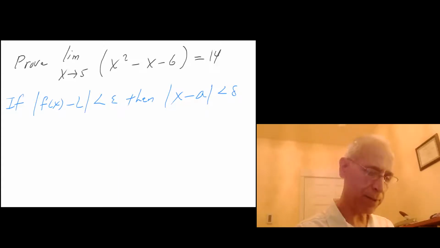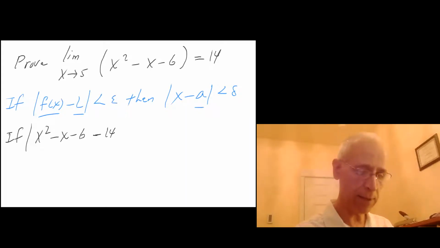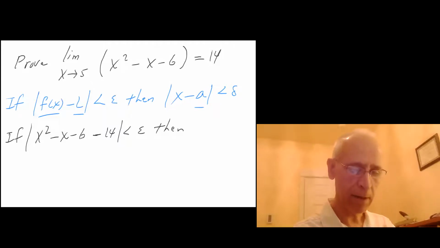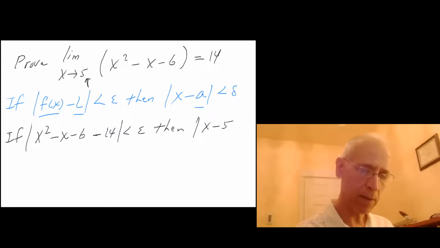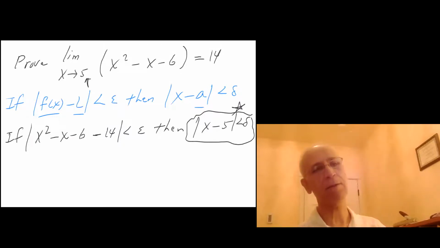I'm going to replace f of x, L, and a. f of x is x squared minus x minus 6, minus the limit, in this case 14, is less than epsilon, then the absolute value of x minus 5 is less than delta. And I'm going to put a star by this part. I'll be using that part pretty soon.